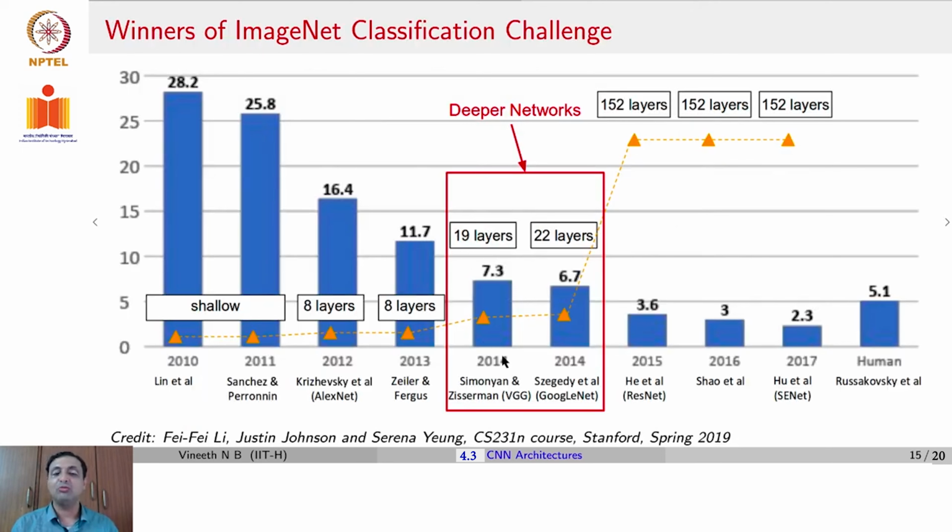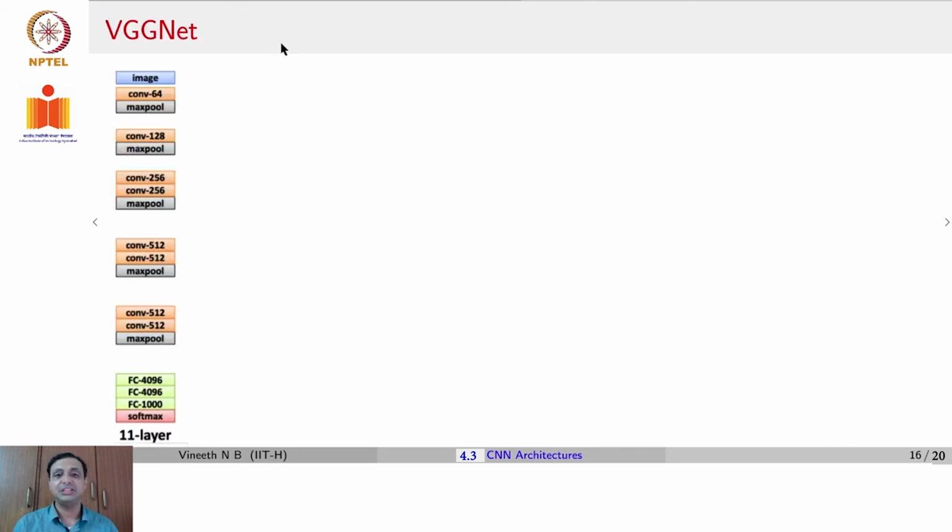Moving on to 2014, one of the major contributions in 2014 was a new architecture known as the VGGNet. The VGGNet stands for an architecture developed by the VGG group at Oxford, which also stands for Visual Geometry Group. And they came up with an architecture with a certain philosophy in their design.